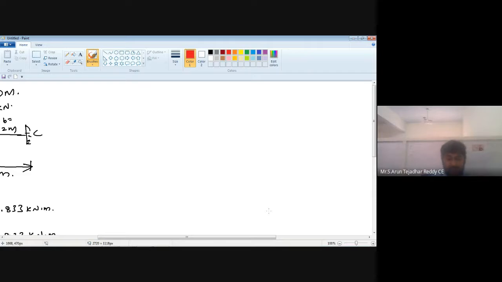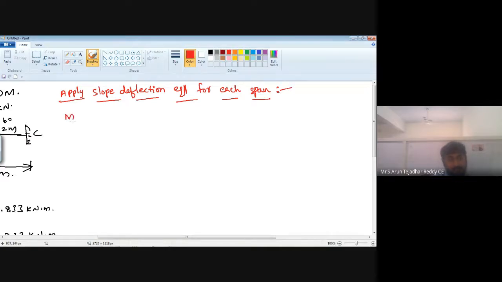The second step is to apply the slope deflection equation for each span. This is our second step. Already you know the formula for the slope deflection equation.